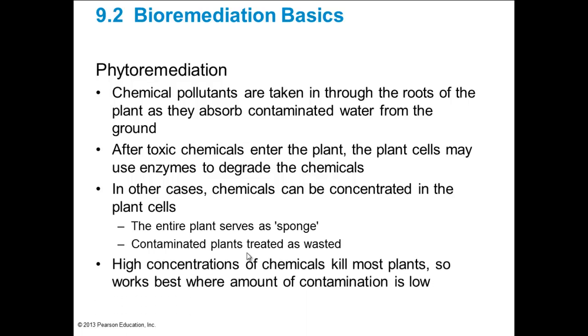High concentration of chemicals will kill most plants, so these will work better at areas of low concentration. It also tends to be a slower process, so you cannot reclaim contaminated land very quickly. A lot of times these plots are maintained for a number of years, and the plants are cycled. You grow plants, accumulate the contaminants, harvest them, then plant new plants, and repeat the process several times.